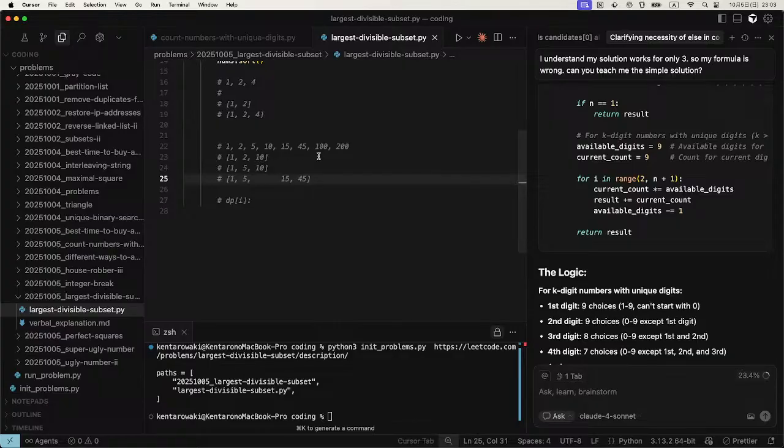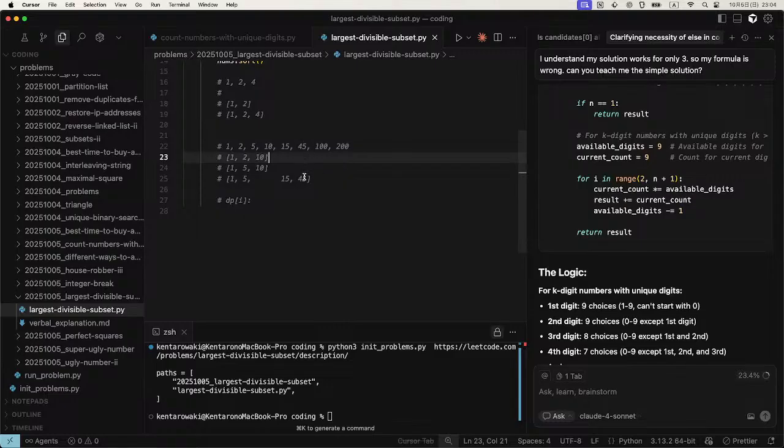We can update it when 100 comes in and 200 comes in, because it's divisible by 10. So the largest subset is like 1, 2, 10, 100 and 200, or 1, 5, 10, 100 and 200.